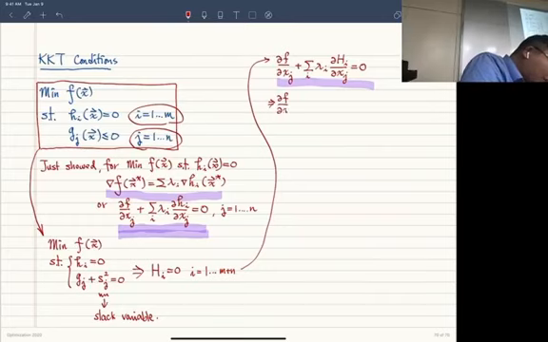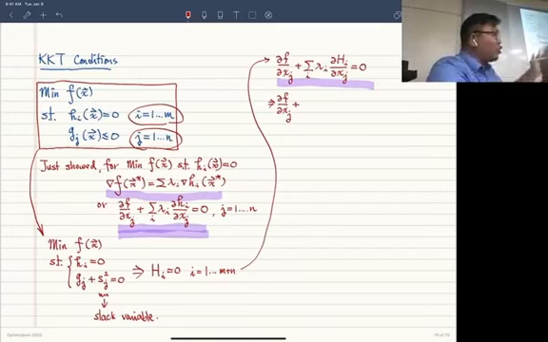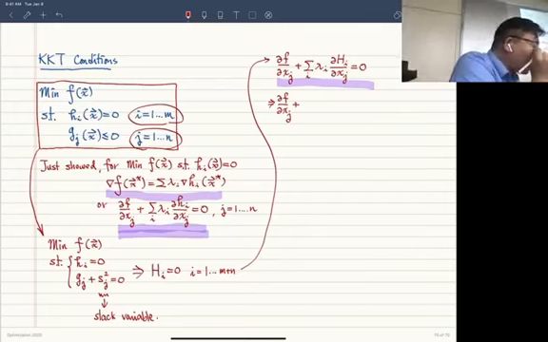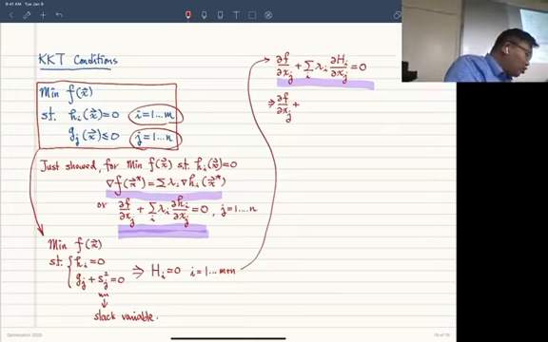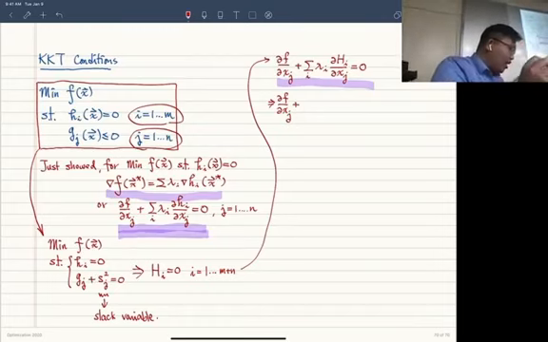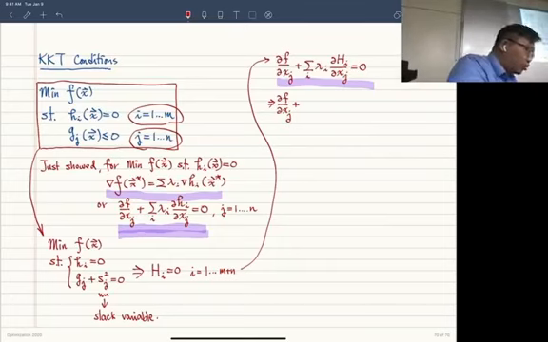Partial f partial xj remains the same, but for the capital H, we don't actually want to deal with capital H. We don't know about capital H. We want to handle small h and small g. So over here, we apply substitute small h and small g back to our equation. So we actually have something like this.